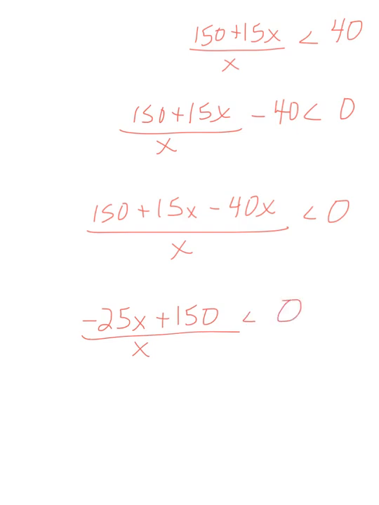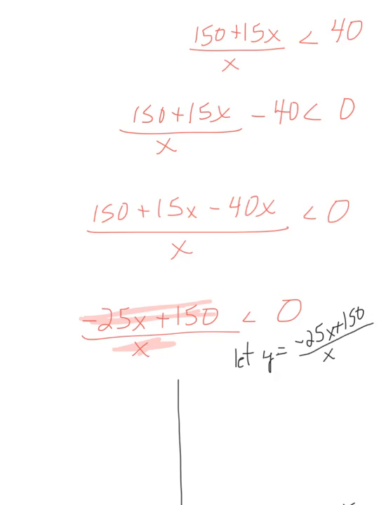From there, we could just graph it, right? I know this is a linear over a linear, which means that it's going to have a horizontal asymptote. So we're going to say let y equal (negative 25x plus 150) over x.